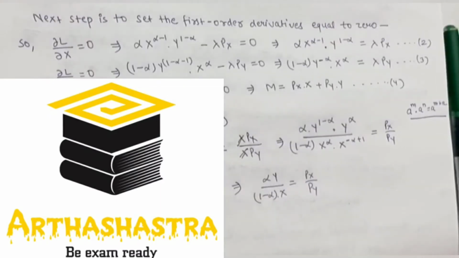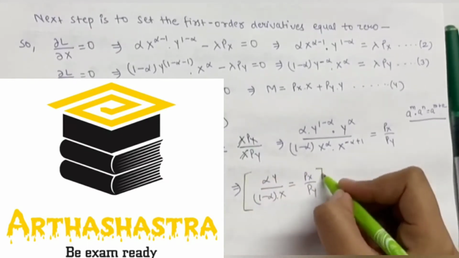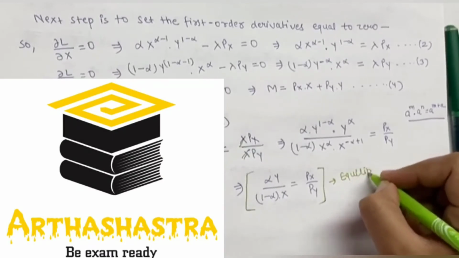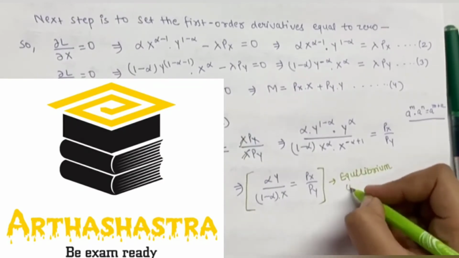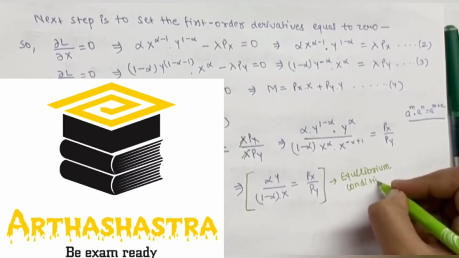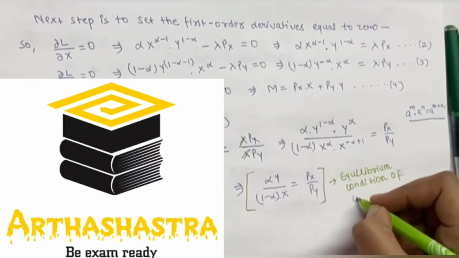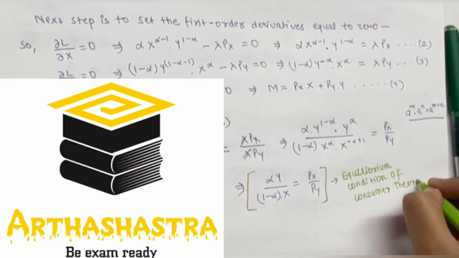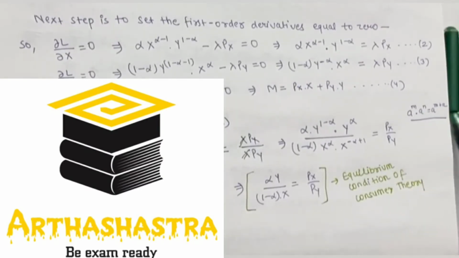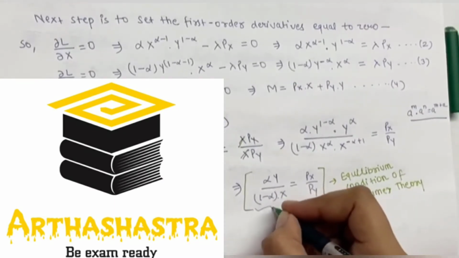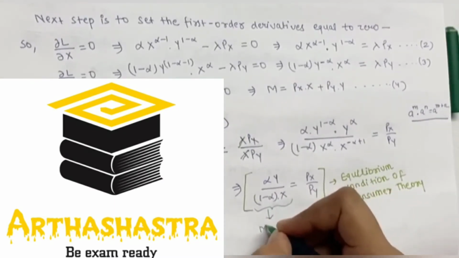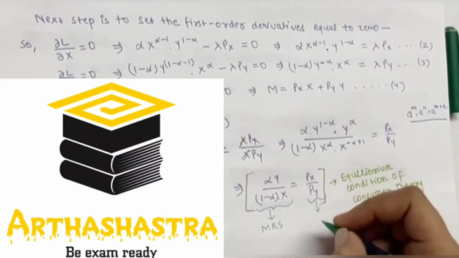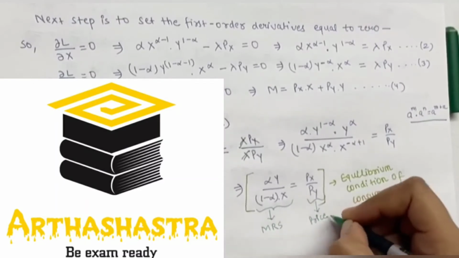Now this condition is of prime importance. Why? This is the equilibrium condition of consumer theory. What is it? This is the MRS, and this is the price ratio.